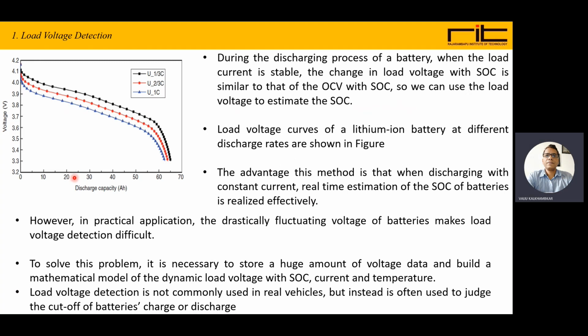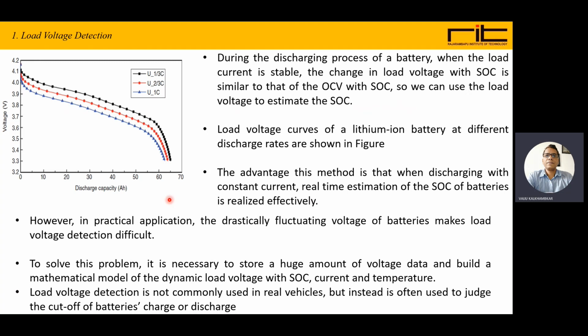The advantage of this method is that when discharging with constant current, real-time estimation of the state of charge of batteries is realized effectively. In practical application, the fluctuating voltage of batteries makes the load voltage detection method a difficult one.